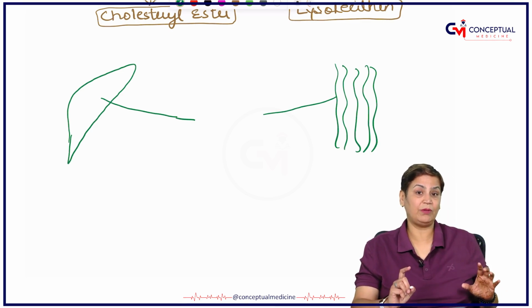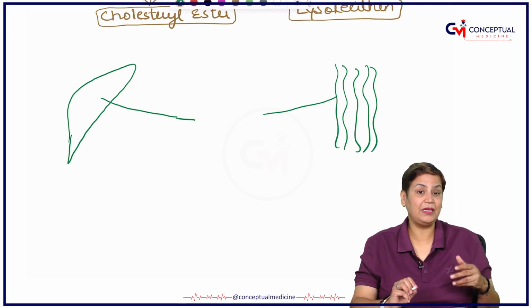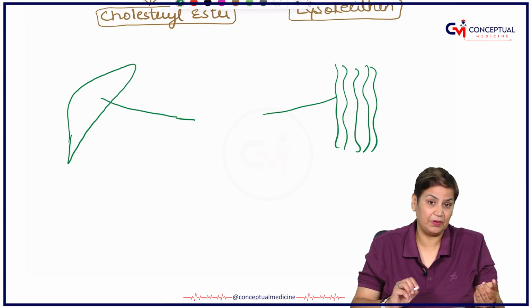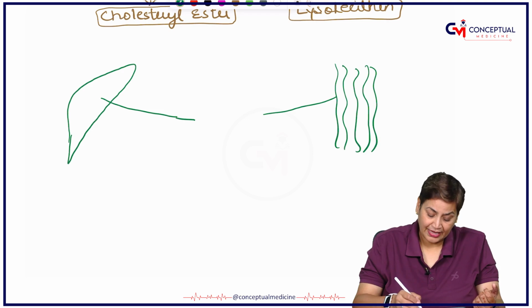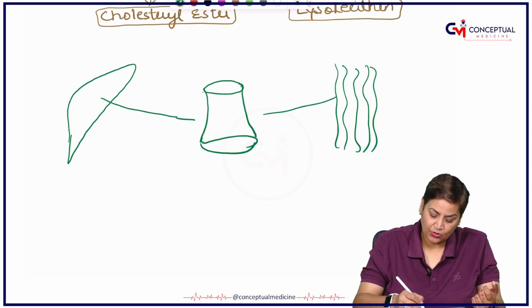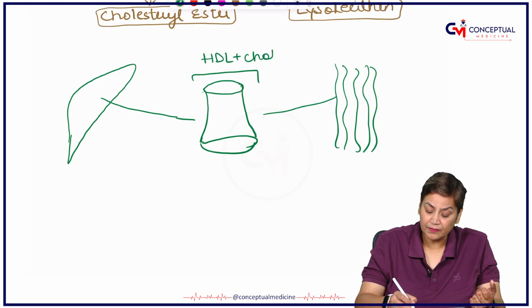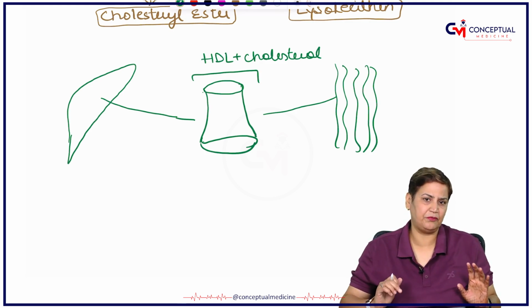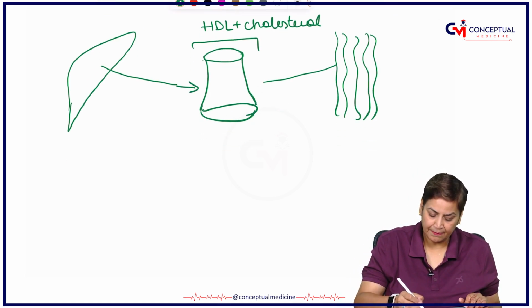Here you have to remember that the cholesterol in this HDL is amphipathic, so it gives a discoidal shape to HDL. In this discoidal shape, it is HDL plus cholesterol, and since cholesterol is amphipathic, the shape is a little different.